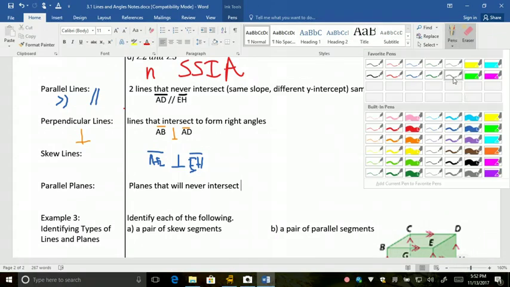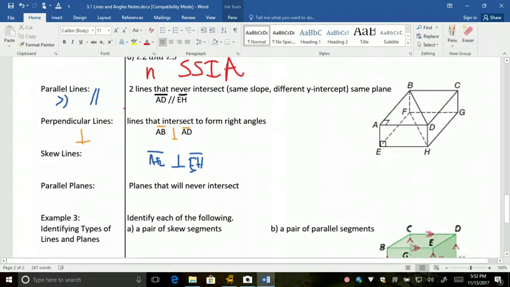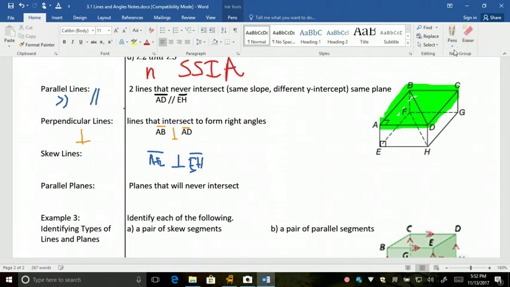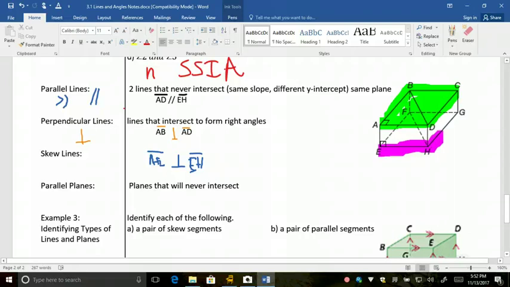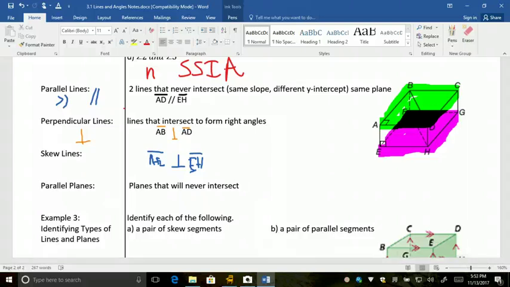But it appears that this plane on top, ADC, which includes point B, is parallel to the plane on the bottom of the box, EHGF. The black is where you can't see it because they're overlapping. They're not really overlapping, but the colors are, because it's a two-dimensional representation of a three-dimensional shape.